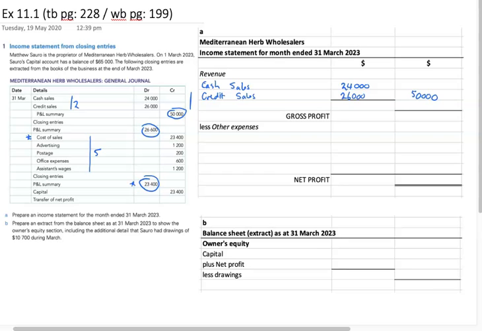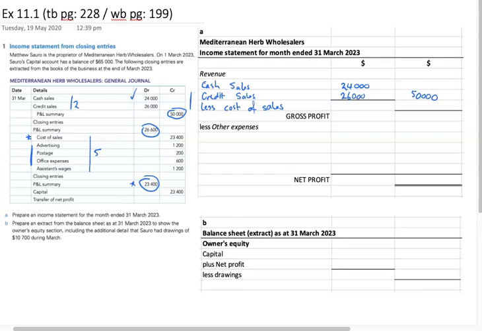If you go through the other 4 expenses, they have nothing to do with getting our inventory in the condition and location ready for sale. So instead of saying less cost of goods sold, we can just do this really quickly and say less cost of sales.